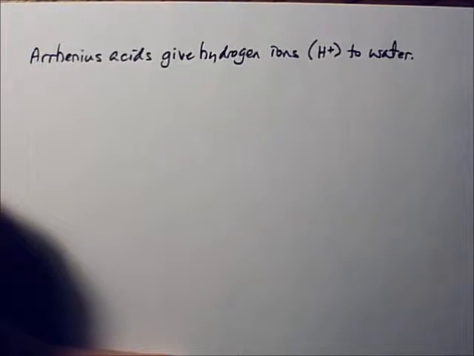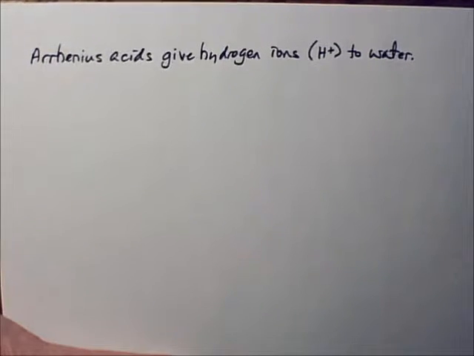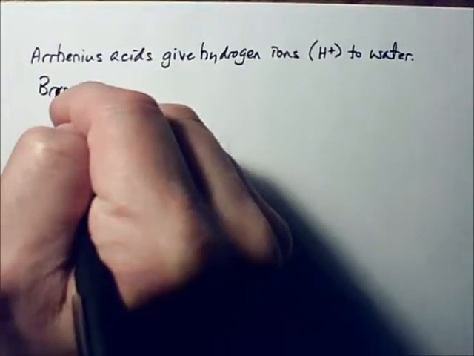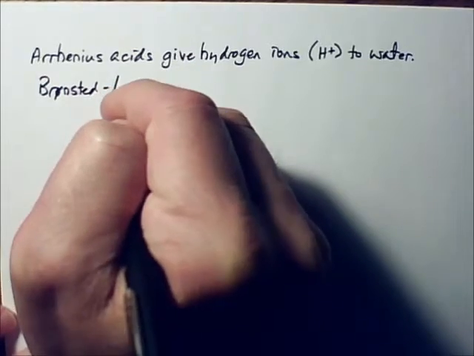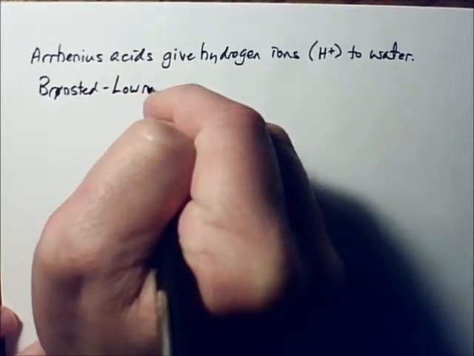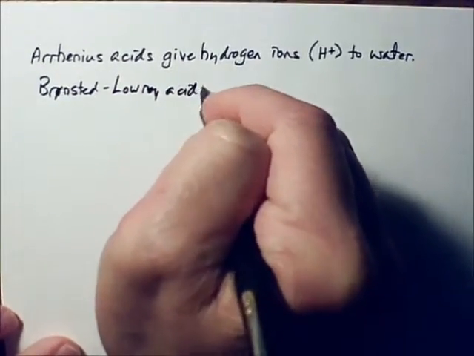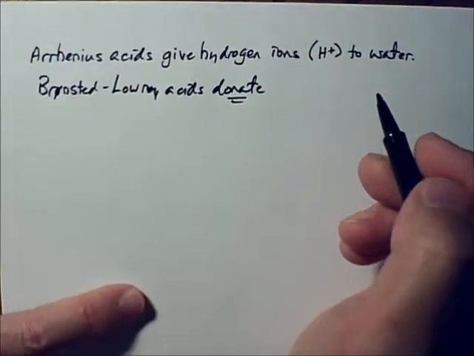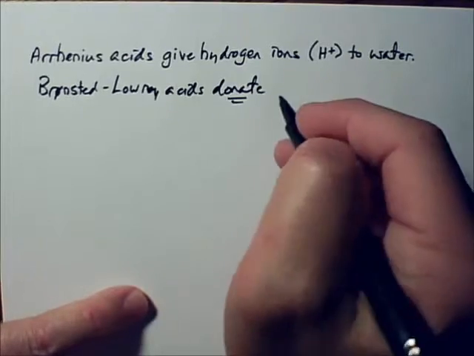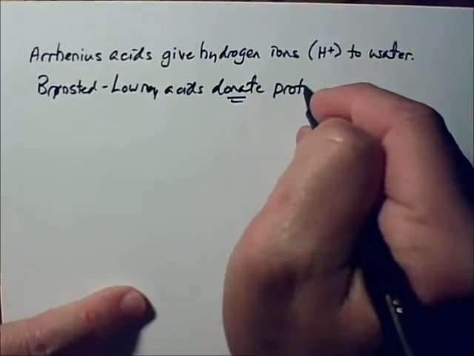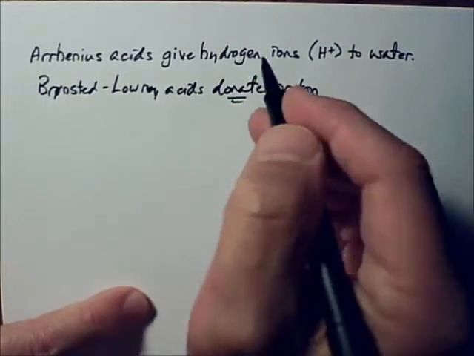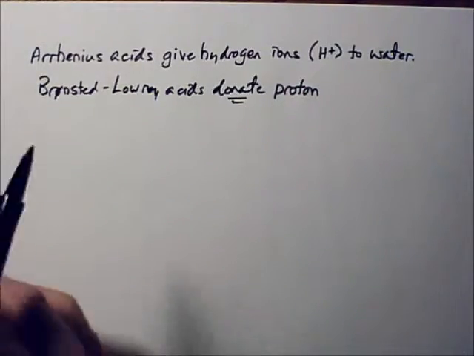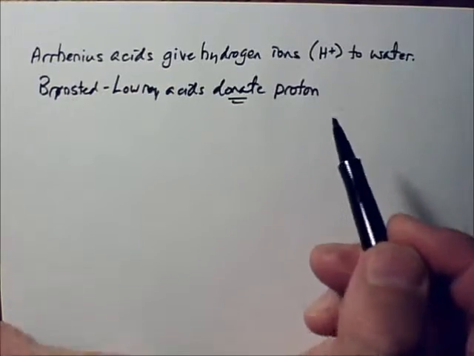It's dissolved in water. Well, that would be Bronsted, who donates protons. Arrhenius acids just dissolve them in water. Arrhenius acids break up or ionize to put hydrogen ion in water.